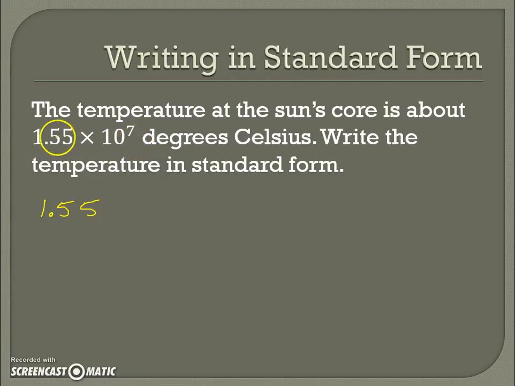And here's why. What this says is 1.55 times this number. I'm multiplying these. So if I put these in a calculator, what I end up getting is the correct answer. But that's not what I'm looking for here. I just want the quick way of doing it.